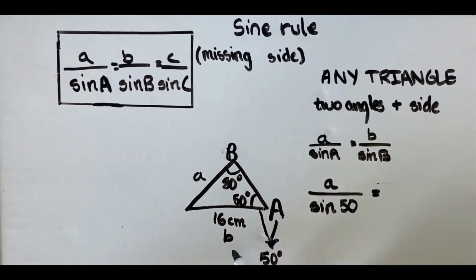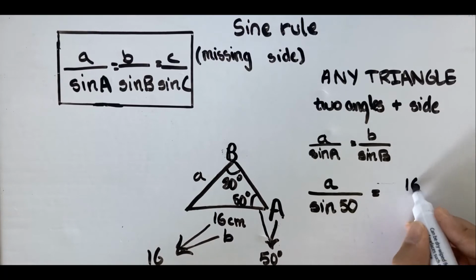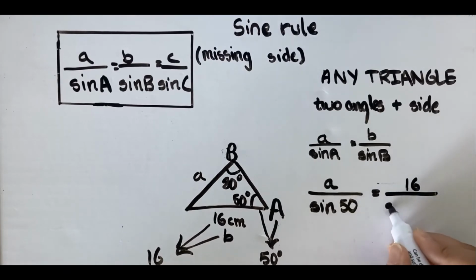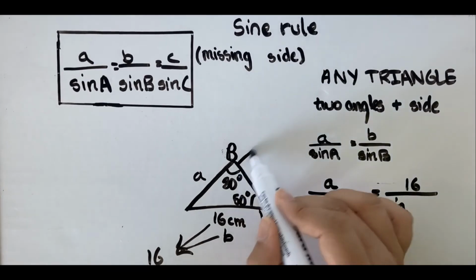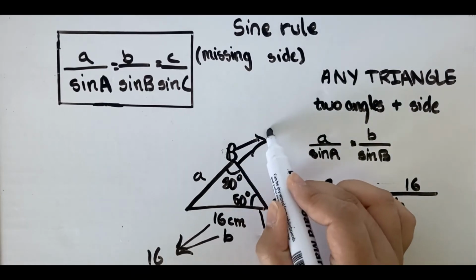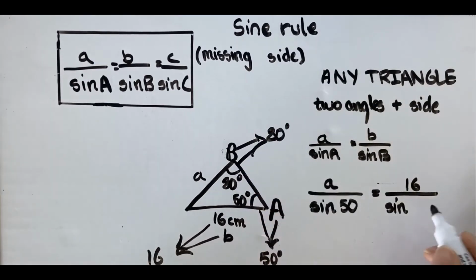That equals small b, and small b is 16 centimeters. So we get 16 over sine big B. And that, we can see, is 80 degrees. So it's sine 80.